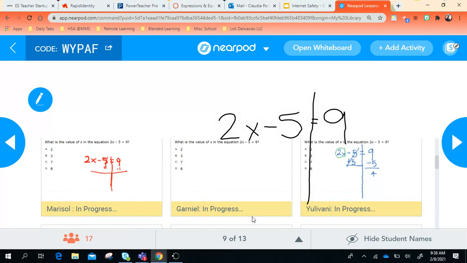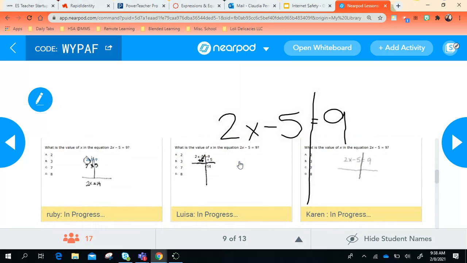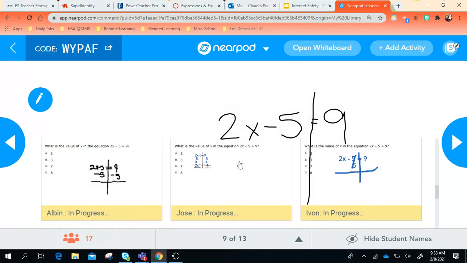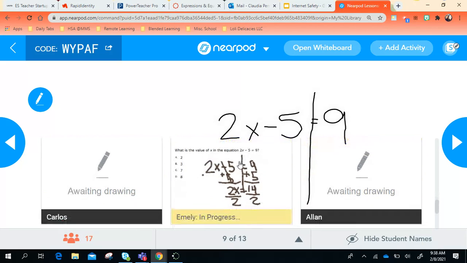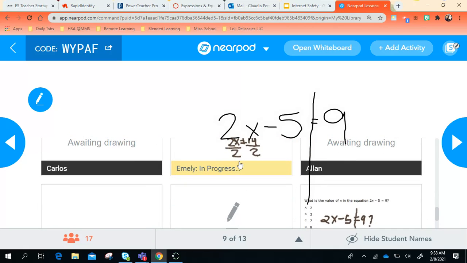Yulivani, you're looking good. You can move on to your second step. Marisol, you can also move on to your second step. Jose, yours looks good. Emily, yours looks good. I mean, you kept going, but yours looks good.